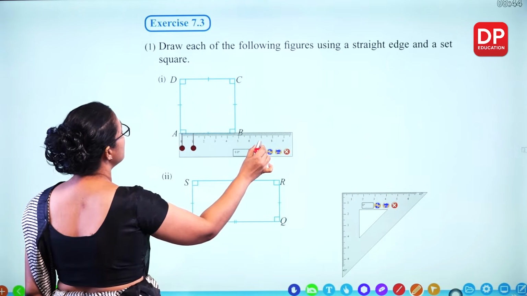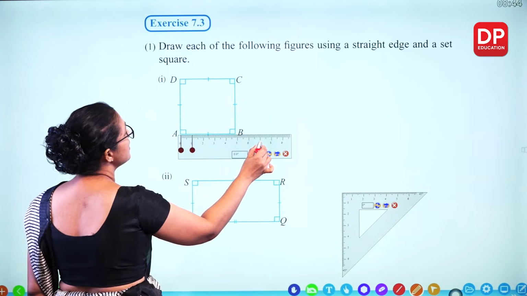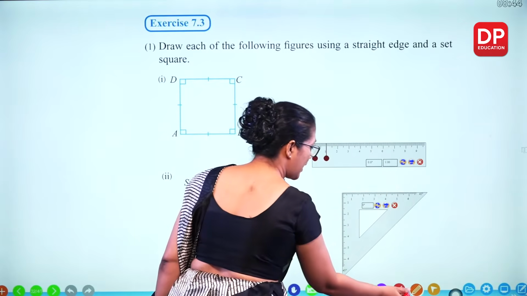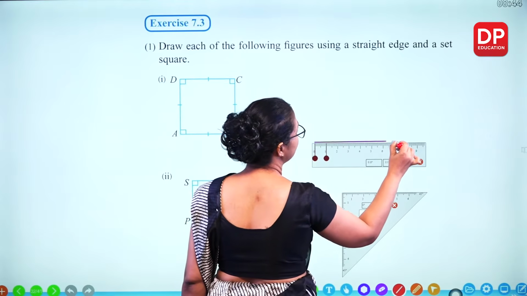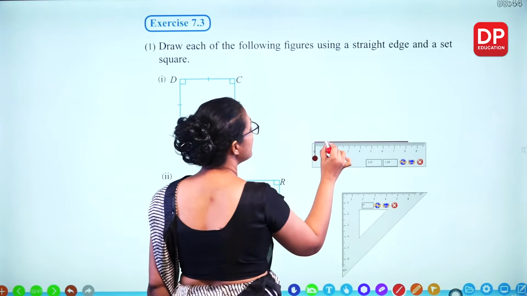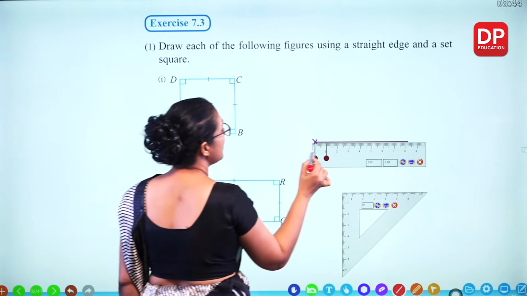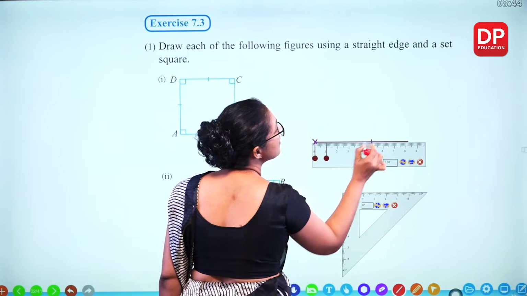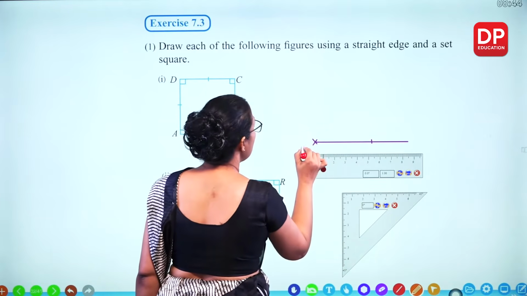So roughly, what's the distance here? 4.8. I'll take 5. So what I can do, I can first draw a line segment and mark the point. I'll mark this one as A. So here to here 5 centimeters. This is 5. A, B.